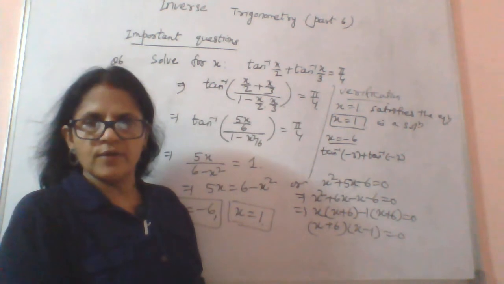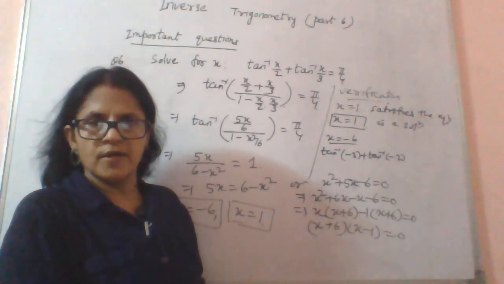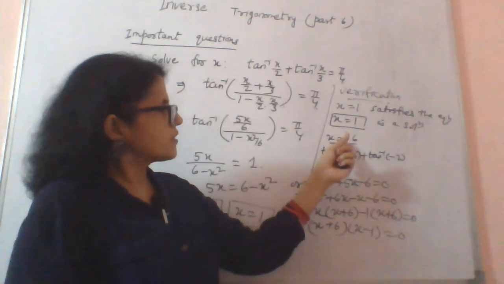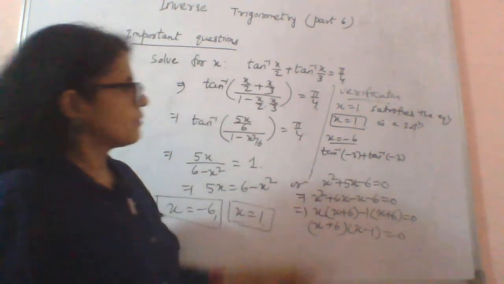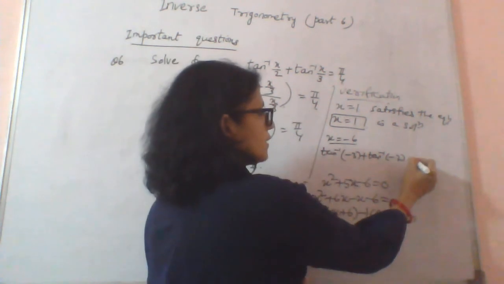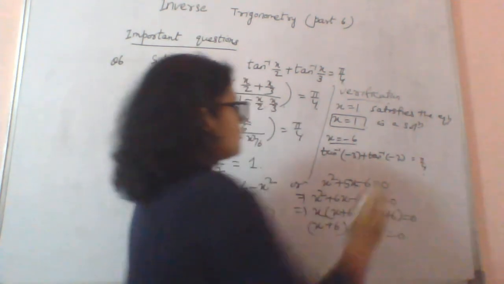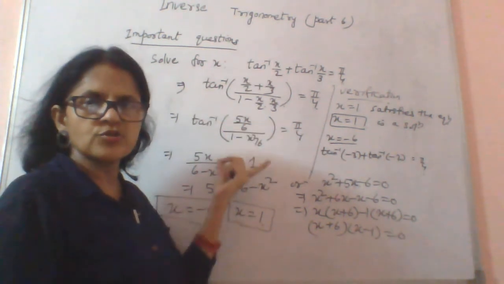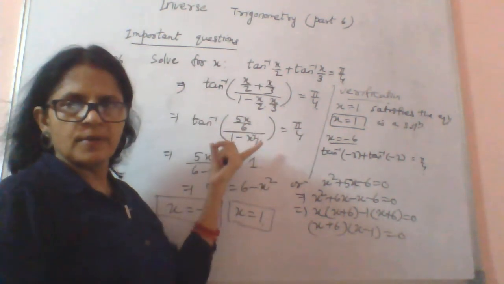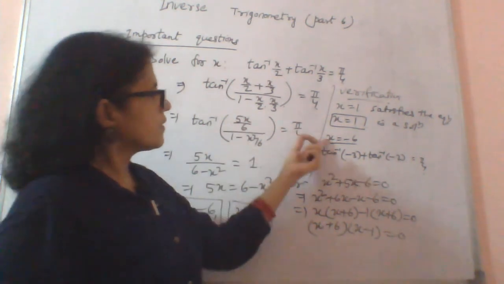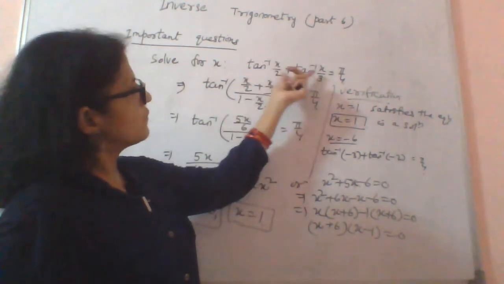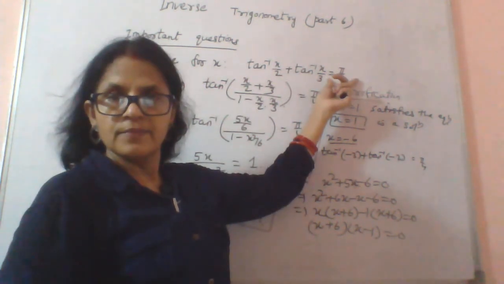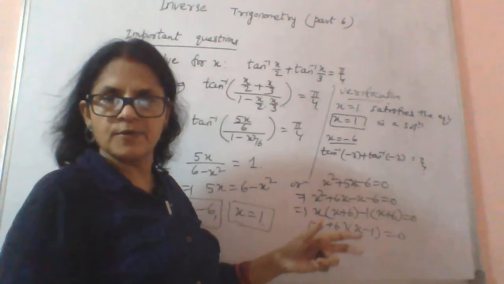So when x equal to minus 6, if you put it in, you can get pi by 4 because of the cancellation of the minus signs. But actually this is negative, this is negative. So you can't get pi by 4 here, since pi by 4 is in the first quadrant, a positive angle.